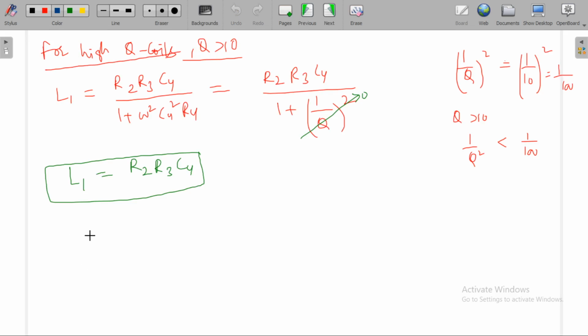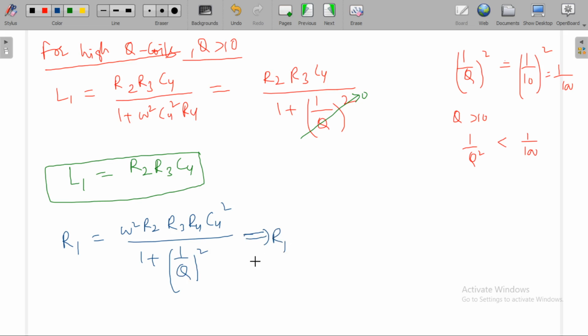You can also find the expression for R1. R1 will be equal to omega square R2 R3 R4 C4 square by 1 plus 1 by Q square. If we neglect this, R1 will be equal to omega square R2 R3 R4 C4 square.